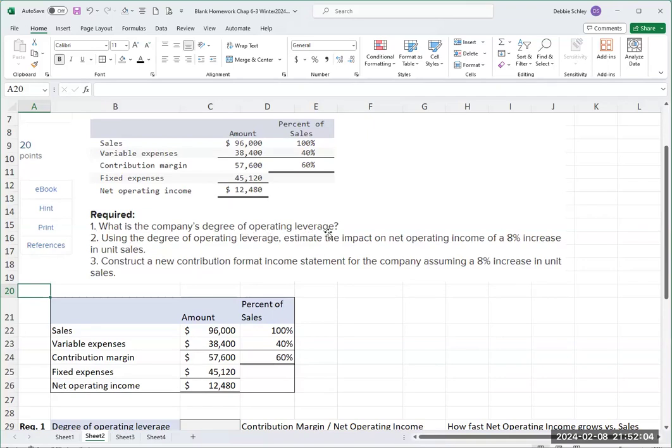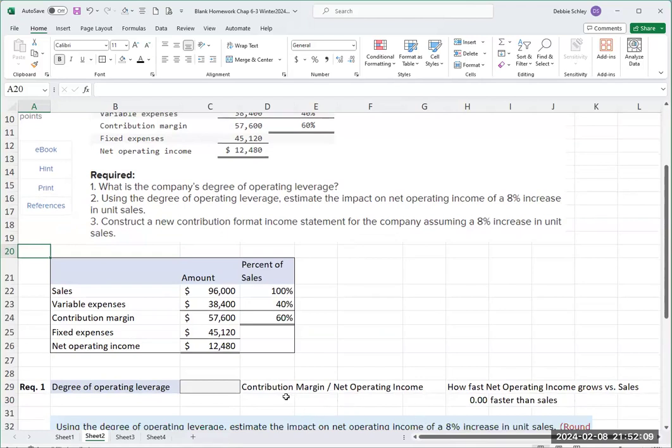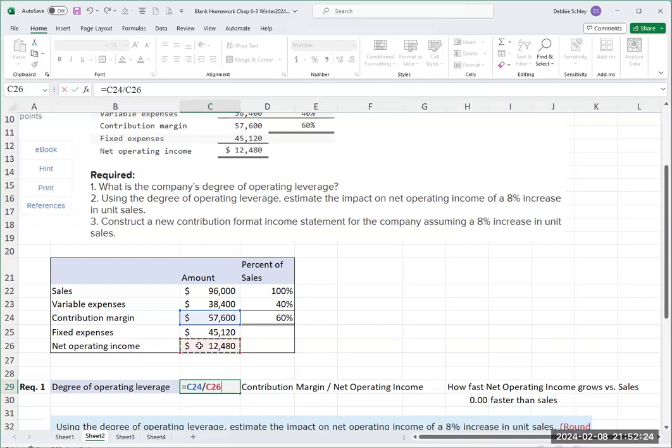First, they want to know the company's degree of operating leverage. You get degree of operating leverage by dividing contribution margin by net operating income. So here's my contribution margin they gave me, divided by net operating income. Okay, so the degree of operating leverage means how fast net operating income grows compared to how much sales grow.